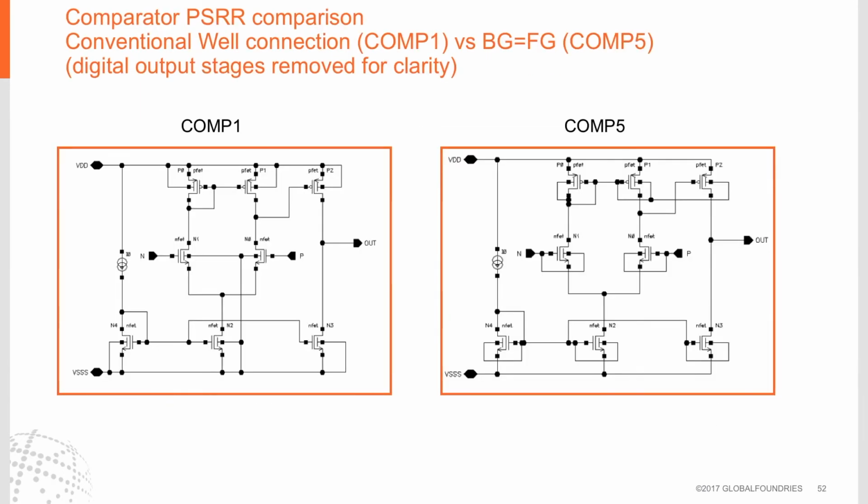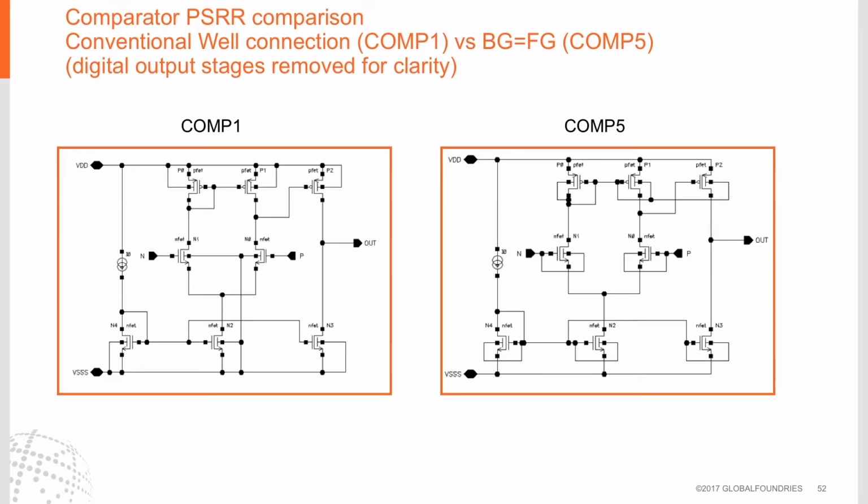In this example, we compare the power supply rejection ratio of two comparators, Comp1 and Comp5. Comp1 on the left uses a conventional type backgate connections where the P-channel backgates go to VDD and the N-channel backgates go to VSS. On the right, Comp5 uses a different type of backgate connection where the backgates in general connect to the front gates.